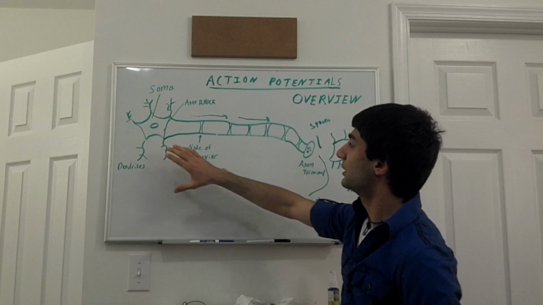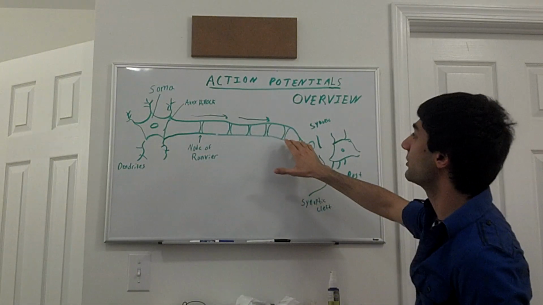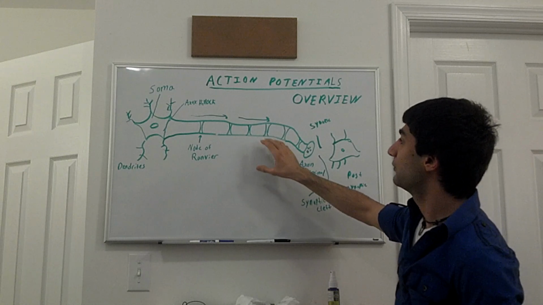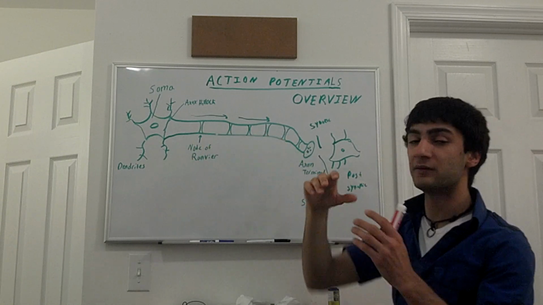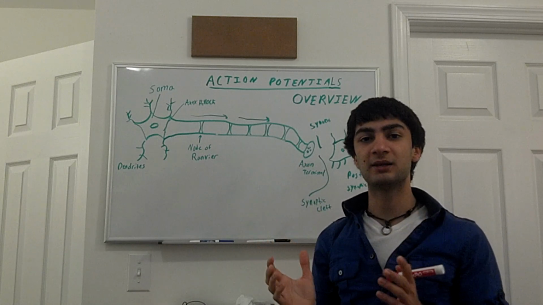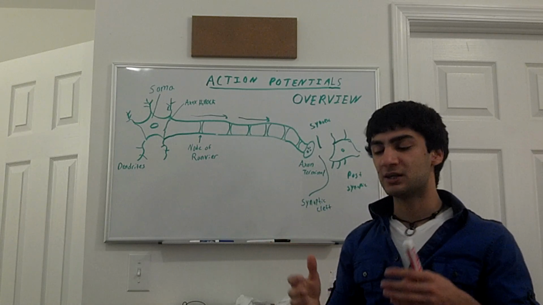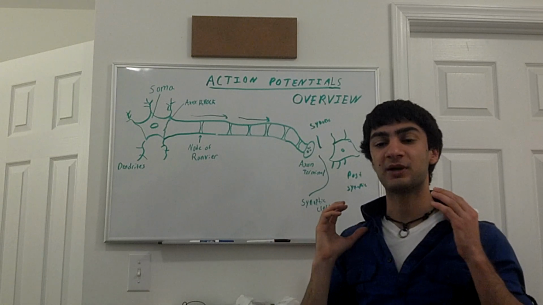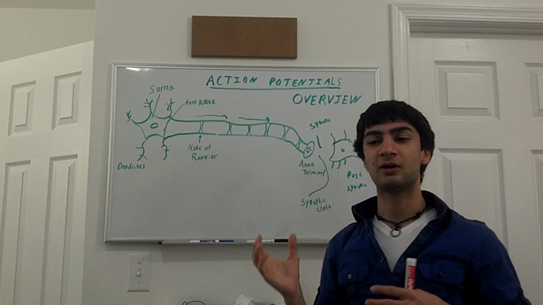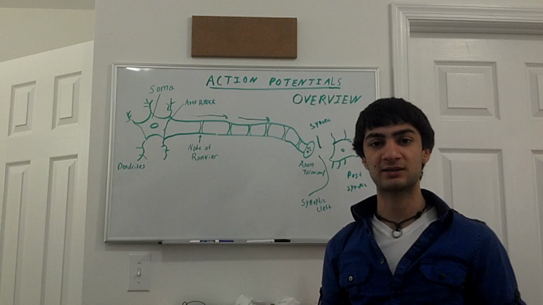And this extension from the soma is called the axon. Within the axon, you can see that there are segments. These segments are covered by what's called a myelin sheath. What the myelin sheath does is help increase the efficiency and the speed of the signal being transmitted through the axon.